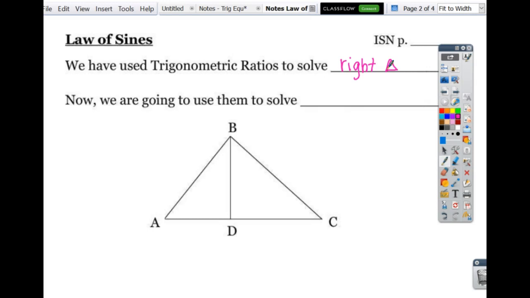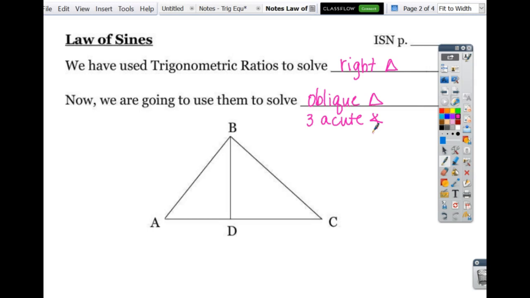Now we're going to use them to solve oblique triangles. O-B-L-I-Q-U-E. Very good. And what is an oblique triangle? So it can have 3 acute angles, like 60, 60, and 60. That would be an oblique triangle.